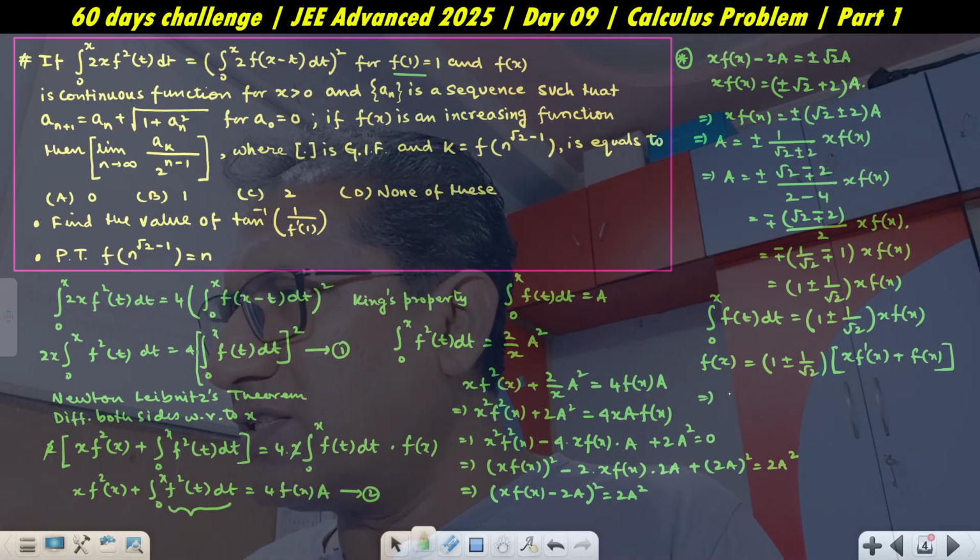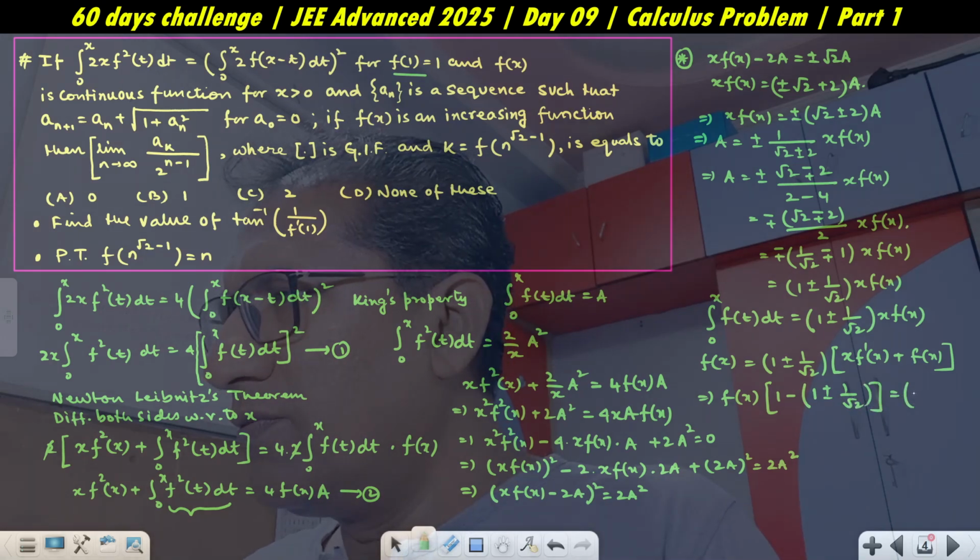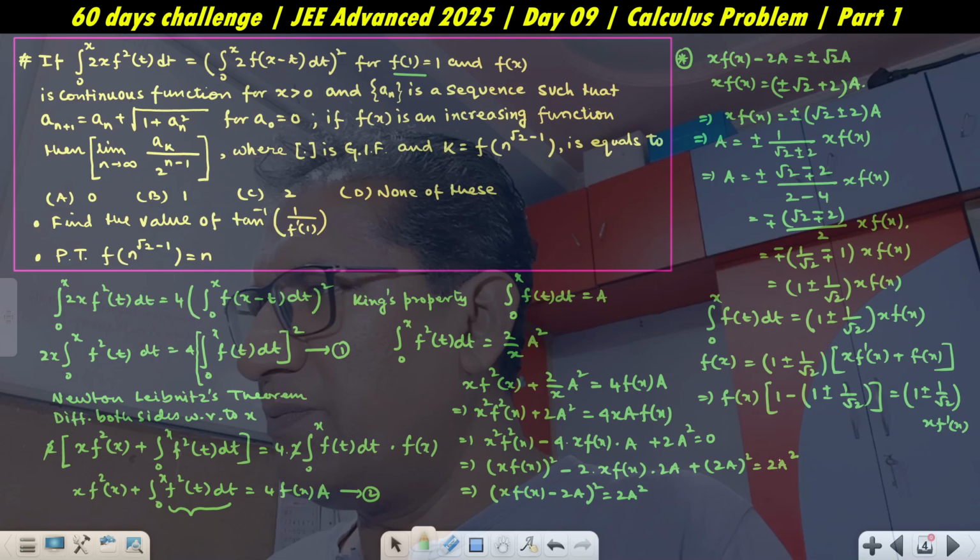So that gives us 1 minus 1 plus minus 1 over root 2, 1 plus minus 1 over root 2, x f dash x.